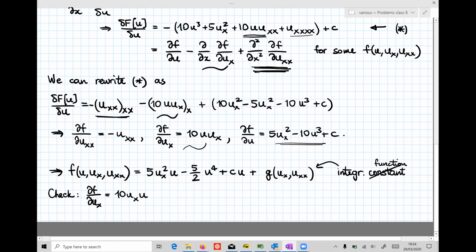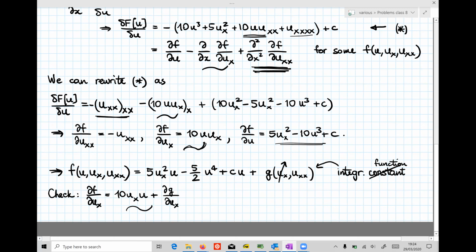And then the second and the third term do not depend on ux. And then we have the partial of g with respect to ux. Now if I compare this expression with the expression underlined by the wiggly line above, we see that the partial derivative of g with respect to ux has to vanish.